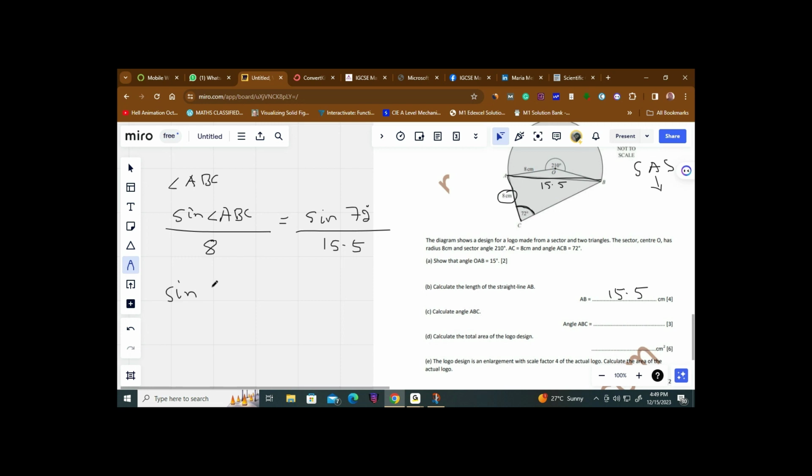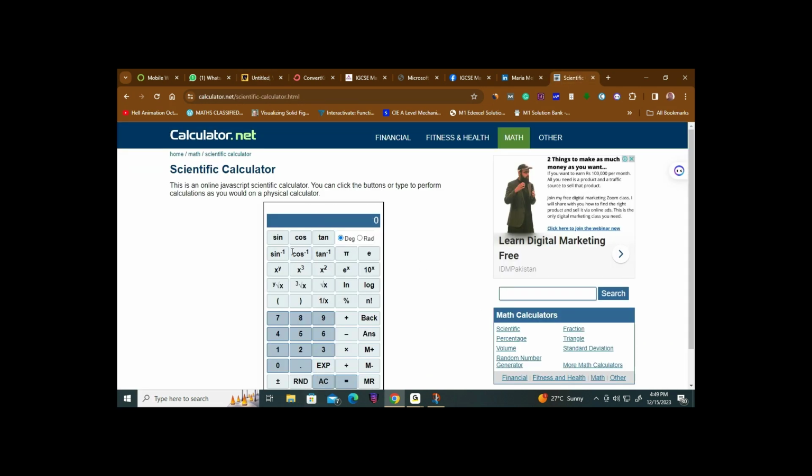It's just a 3-mark work. You just move your 8 to the other side. It will be 8 times sine of 72 degrees upon 15.5. Now activate your calculators and get the value of sine angle ABC, which is 8 times sine of 72 degrees divided by 15.5.